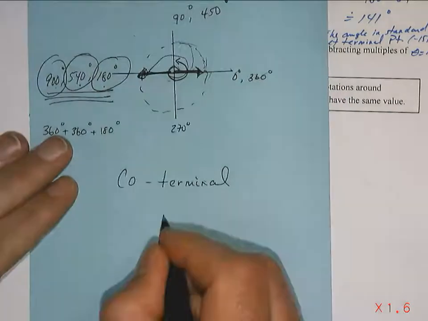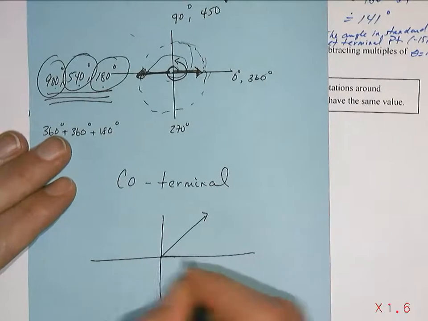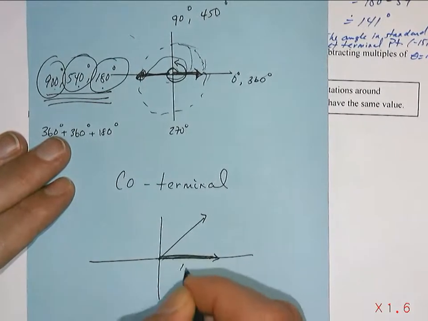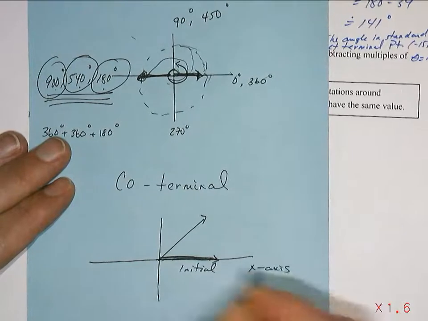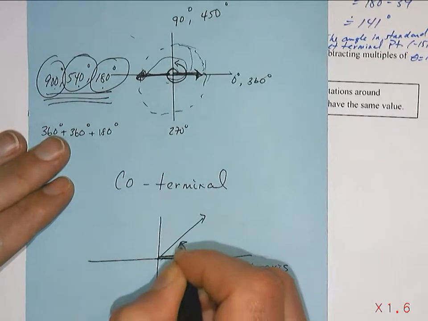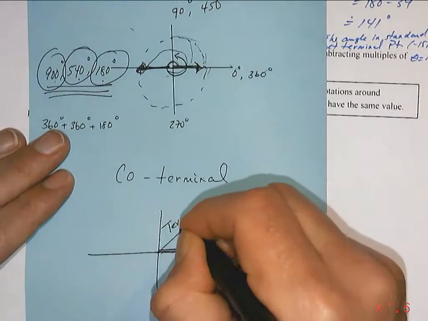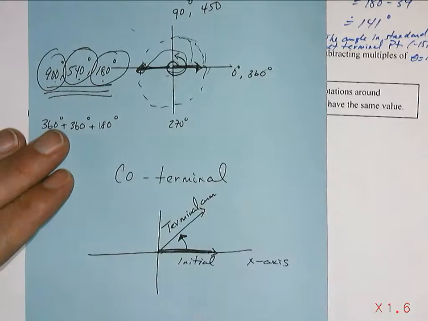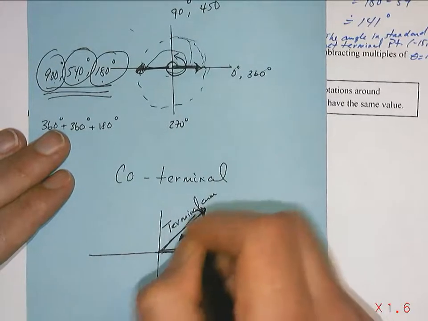So if I have a terminal arm from a positive rotation from my initial arm, always along the positive x-axis, rotated, rotational angle, up to my terminal arm, okay? And my terminal arm is always the place where we end up.